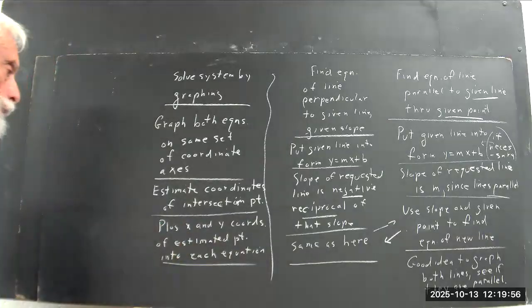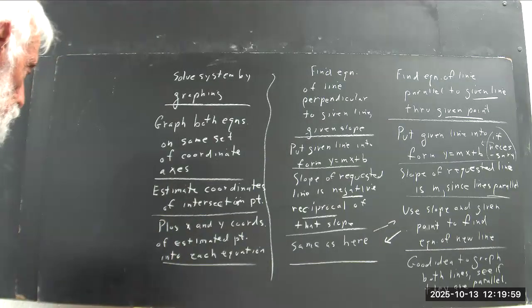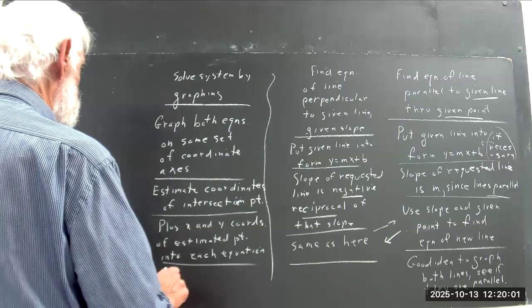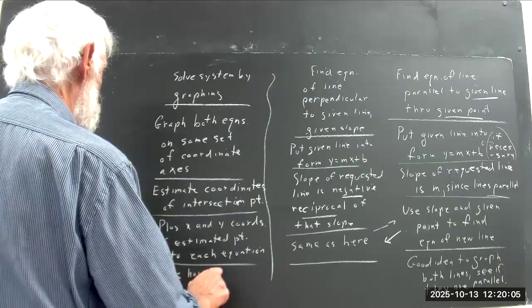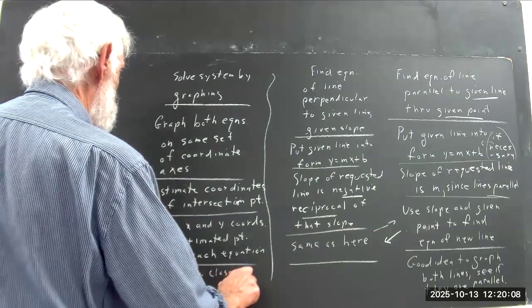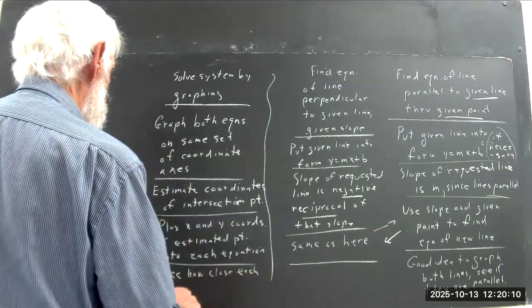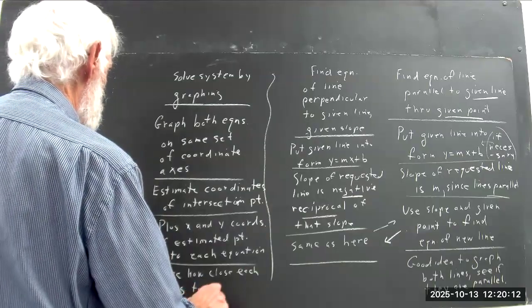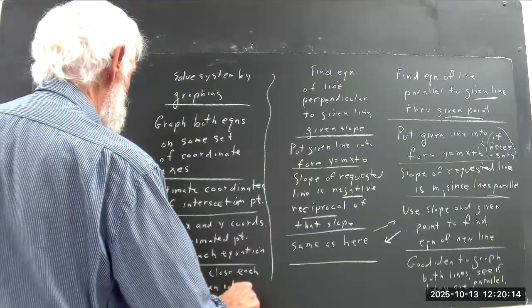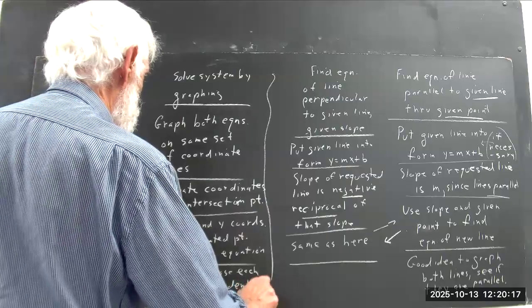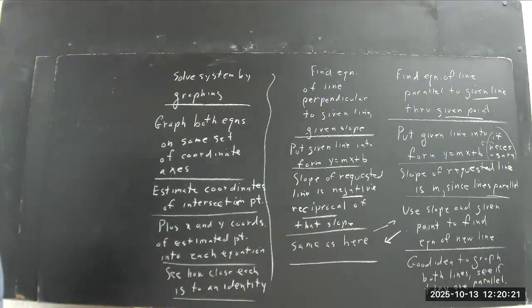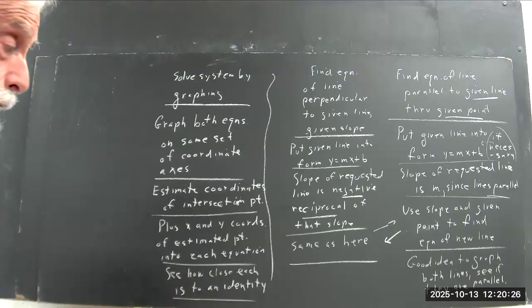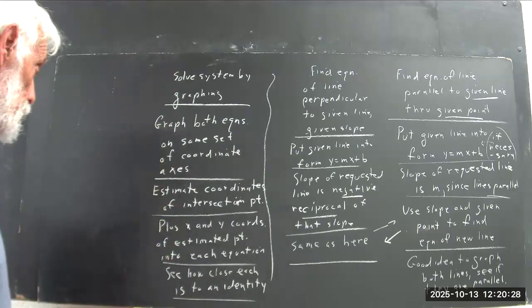Plug the x and y coordinates of the estimated point into each equation, and then see how close each equation is to an identity. That's the way you think about it.